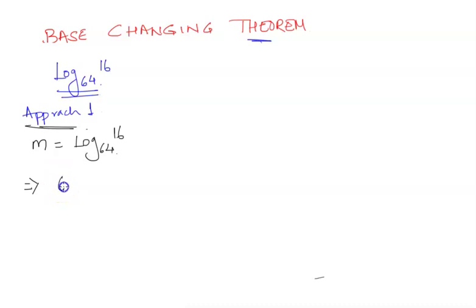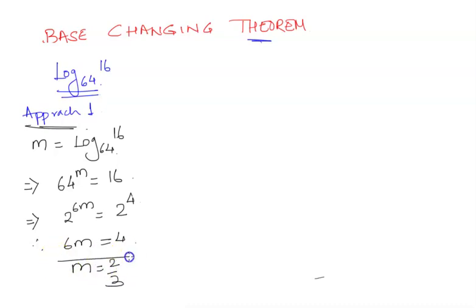This implies 64 raised to the power of m is equal to 16, which is 2 raised to the power of 6m is equal to 2 raised to the power of 4, right? And therefore 6m is equal to 4, or m equals 2 by 3, right? So this is our first approach.